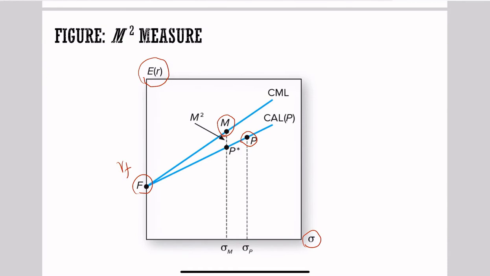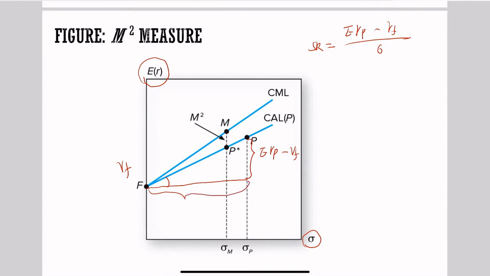The Sharpe ratio of portfolio P is given by the slope of this line, because Sharpe ratio is the expected return of portfolio P minus RF divided by its standard deviation. This is the rise, which is the expected return of portfolio P minus RF, and this is portfolio P's standard deviation.